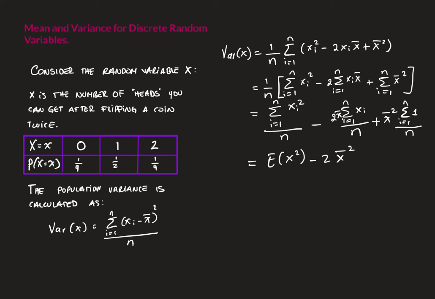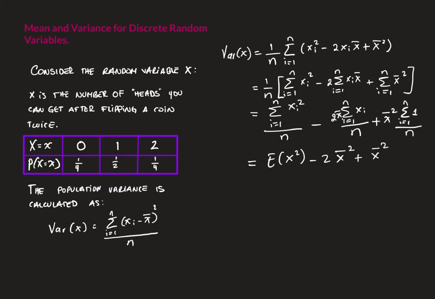So mean times mean, mean squared. And then the last term that we have is plus the mean squared. And then the sum that we have here from 1 to n of 1 is going to give us n. And divided by n is simply 1. So we have plus x mean squared, and that's it.